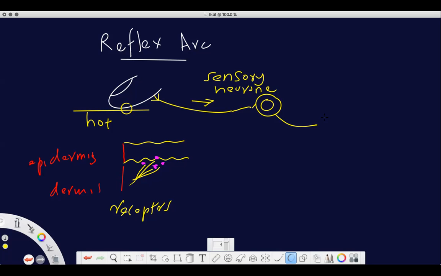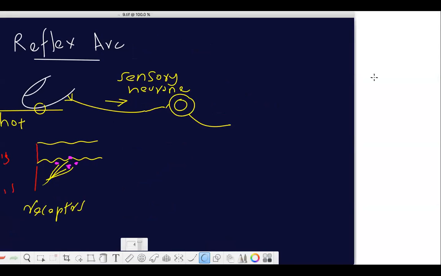Now where does it go? When you think about the place it goes, it is going to the spinal cord. So the spinal cord we can see like this.